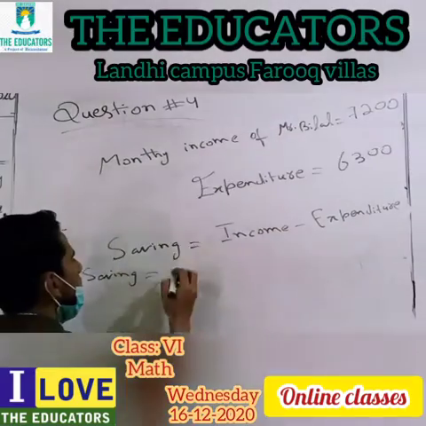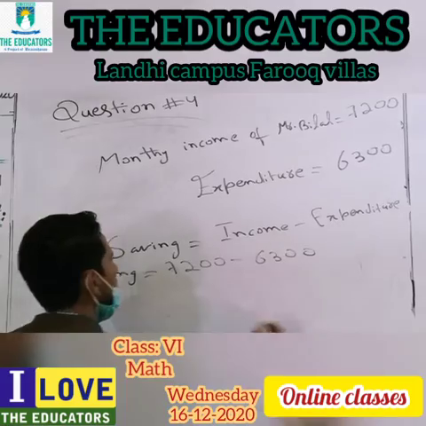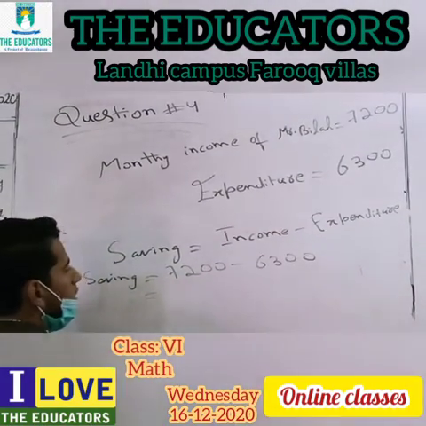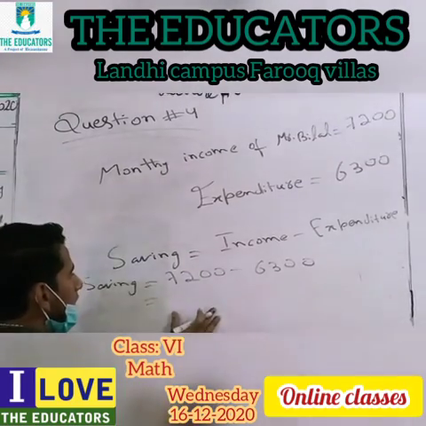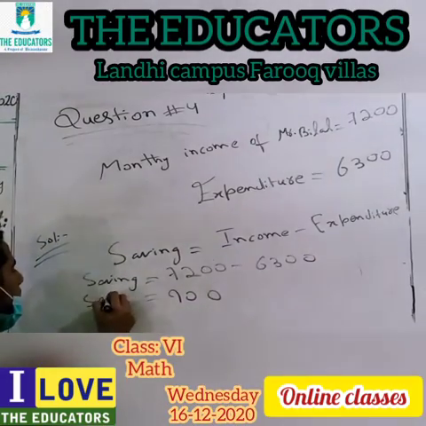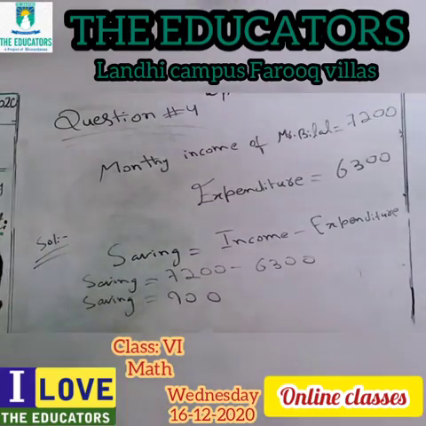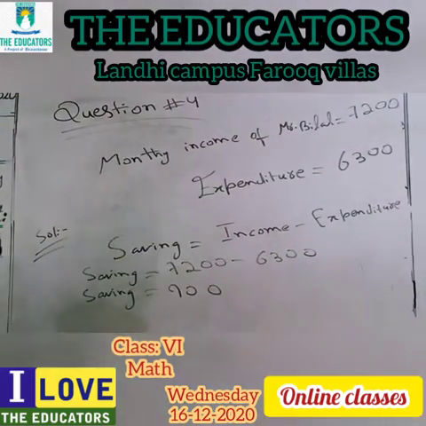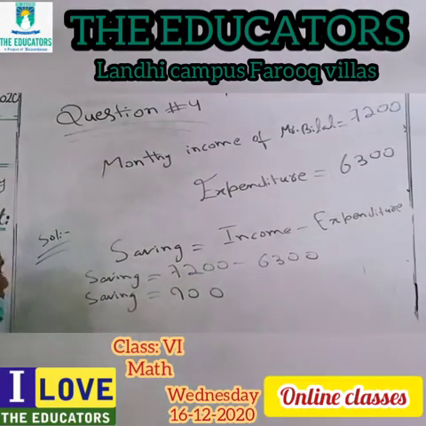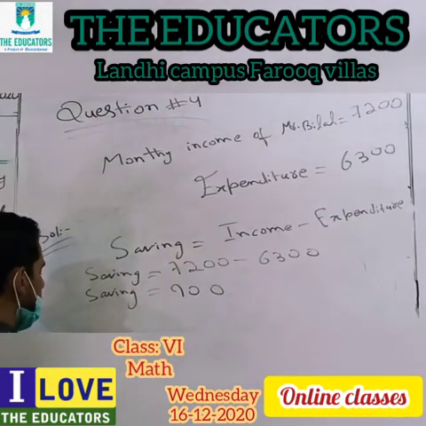So income is 7,200 and expenditure is 6,300. So saving is 7,200 minus 6,300. You may solve it in your rough column. Okay, I am solving it directly here. That will be 900. Okay, so saving is 900, but we don't have to find the saving. Just they ask us to find the ratio of savings to income. Okay, so we have to find ratio of saving to income.